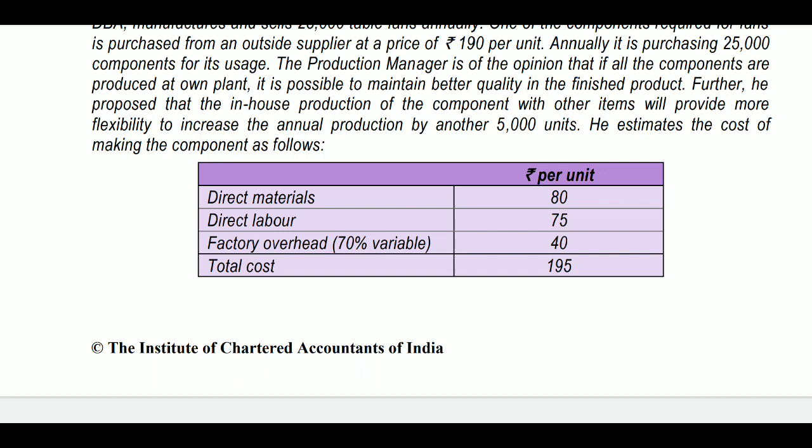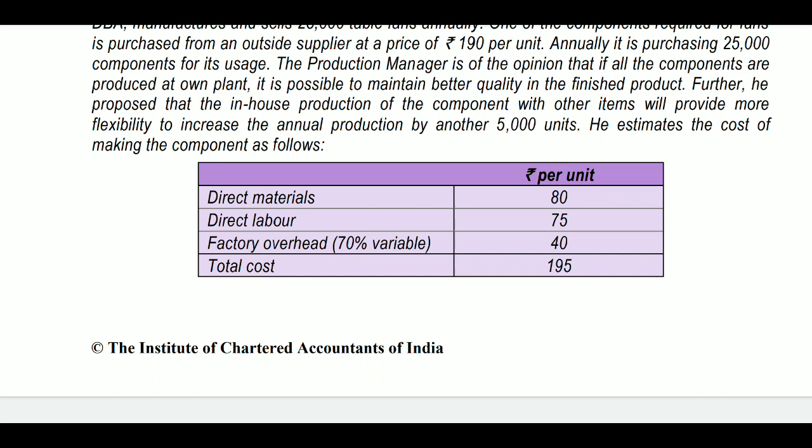Next, they provided the component cost: direct material 80 rupees, direct labor 75 rupees, and factory overheads, that is 70% variable, meaning 40 into 70%, it will be 28 rupees. Total cost will be 80 plus 75 plus 28, 183 rupees. So 183 is our cost, and if we purchase outside, it will cost 190 rupees.